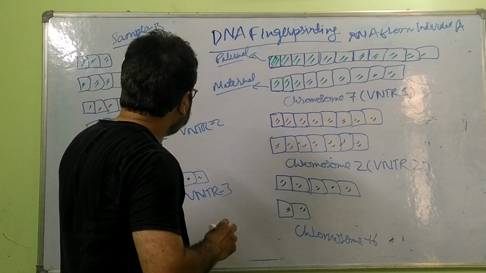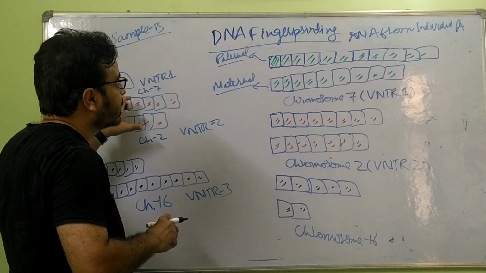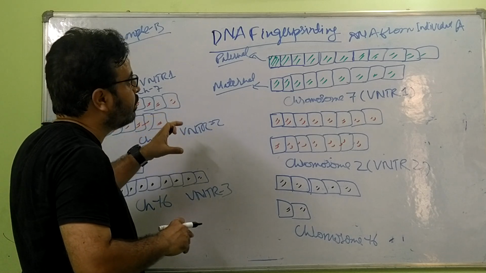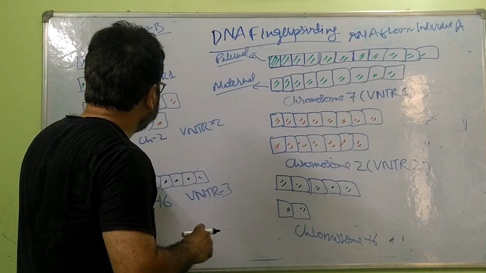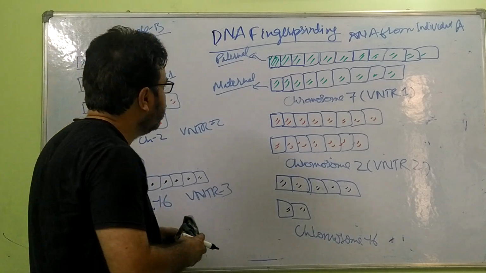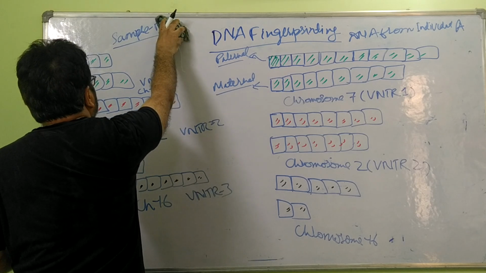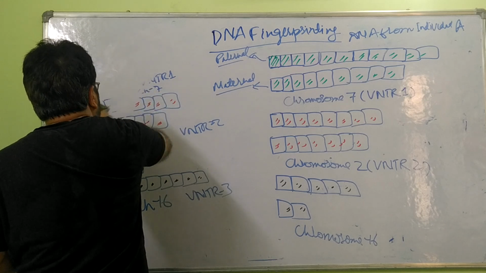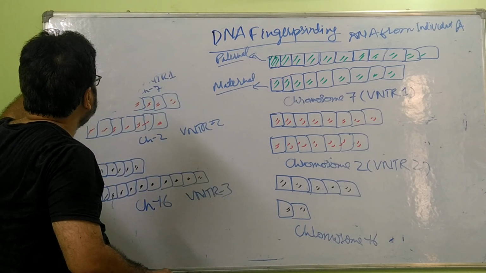Now, as we can see here, these were the two samples, and now I just remove one sample. But before that, we just try to remember that these were the sequences.